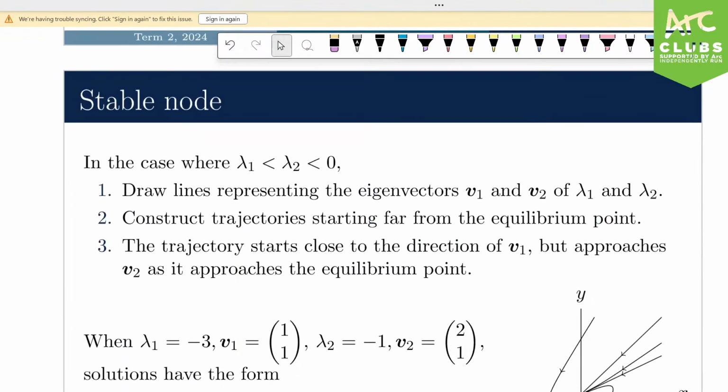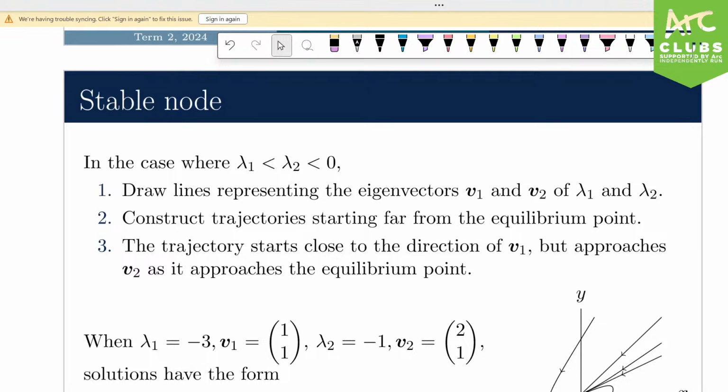So we're going to look at some examples. Stable nodes. These ones are nice. So if both of our eigenvalues are less than 0, then we know it's going to be asymptotically stable because it's less than 0. So what we want to do is draw lines that span the eigenvectors.